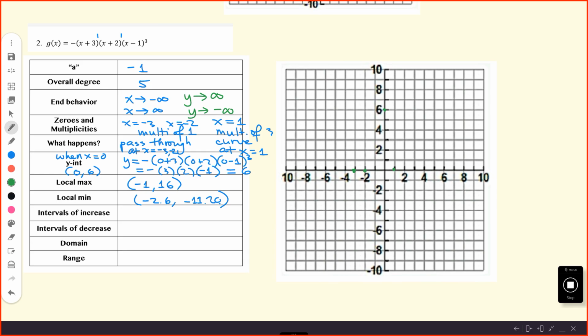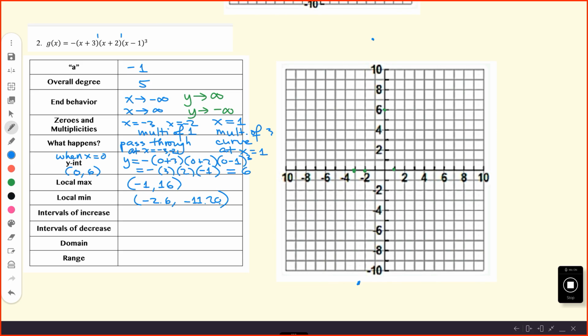So -116 is beyond our graph, so we just estimate that this is going to be around here. Okay? And then -2.6, 2.6, and then -11.20. So let's just estimate that around here.